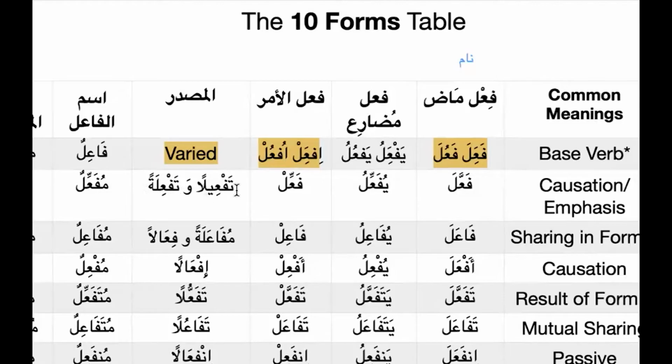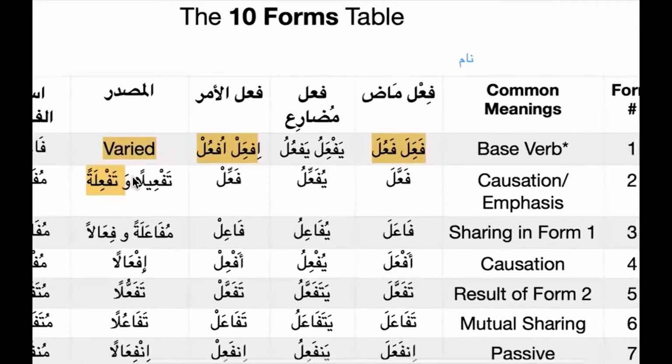You have تفعيلا, which is your regular masdar, and then you have تفعلة. At this stage, if this is new to you, you should just know تفعيلا. This is the most common one. تدريسا, تعليم, right? تبليغ. تفعلة is for irregular verbs like تربية, تزكية. Tazkiyah means purification. In form one is zaka yazku, which means to be pure.